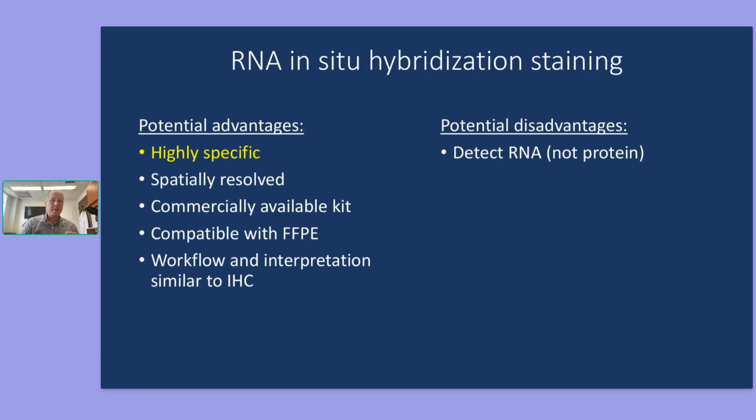So when we think about potential advantages and disadvantages of this approach, the thing that I've been just blown away by with this whole endeavor is how specific RNA in situ hybridization is for the markers that you're looking at. It's spatially resolved, which Denise mentioned is really helpful from a research standpoint. It's really fascinating as someone that's interested in immunology and pathogenesis of disease.